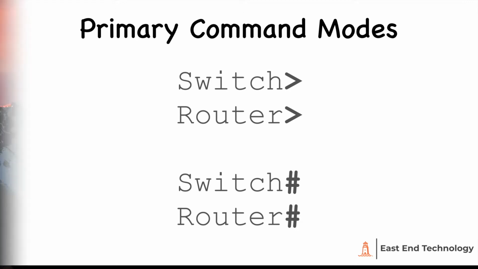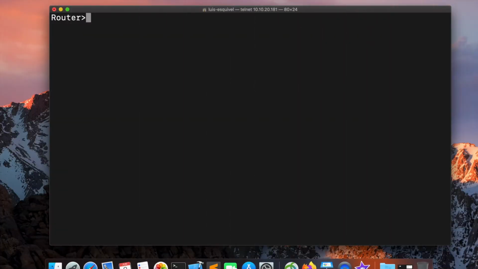Let's take a look. Okay guys, so here we are in a Cisco router, and you can see that I am in user exec mode because the prompt ends in a greater than sign. Now, if I wanted to go up to the next mode, I would type in the enable command, and in my scenario, it requests a password because it does require higher privileges.